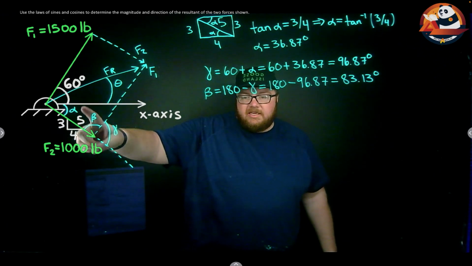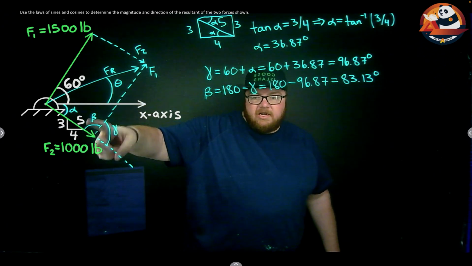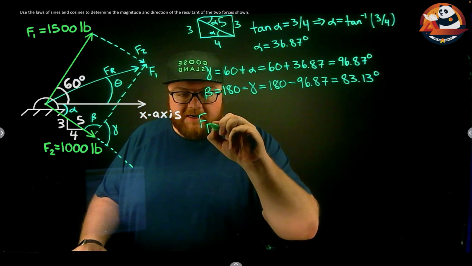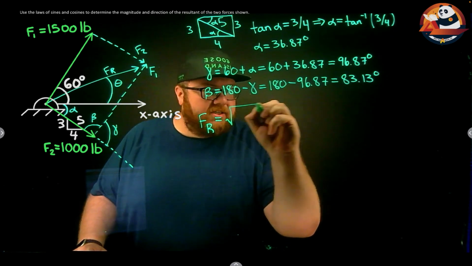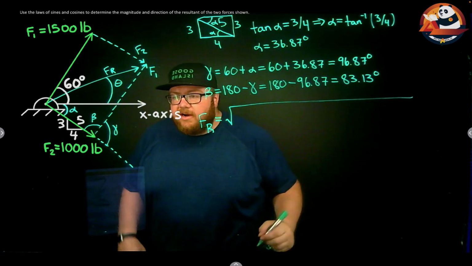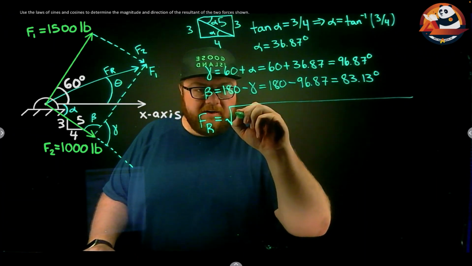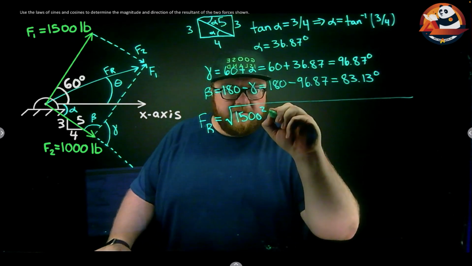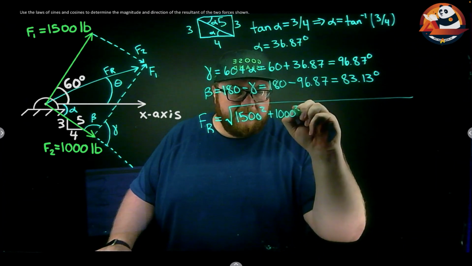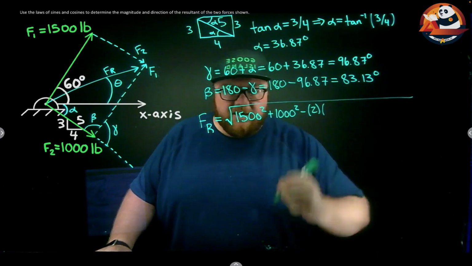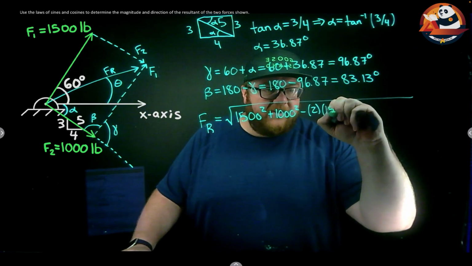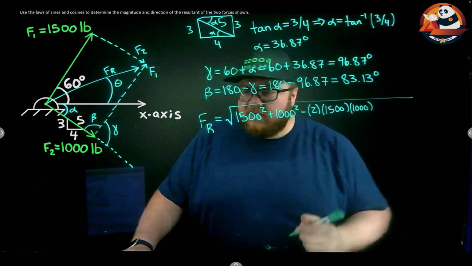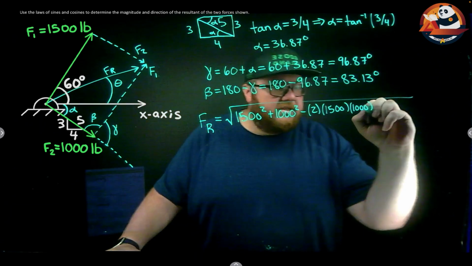FR touches this angle here, this angle here. It doesn't touch beta though. So I can use it in my law of cosines to get my resultant force's magnitude. FR is the square root of one of those sides squared, F1 squared, 1,500 squared, plus the second side, F2, 1,000 squared, minus 2 times F1, 1,500, times F2, 1,000, times the cosine of the angle in between these two sides.